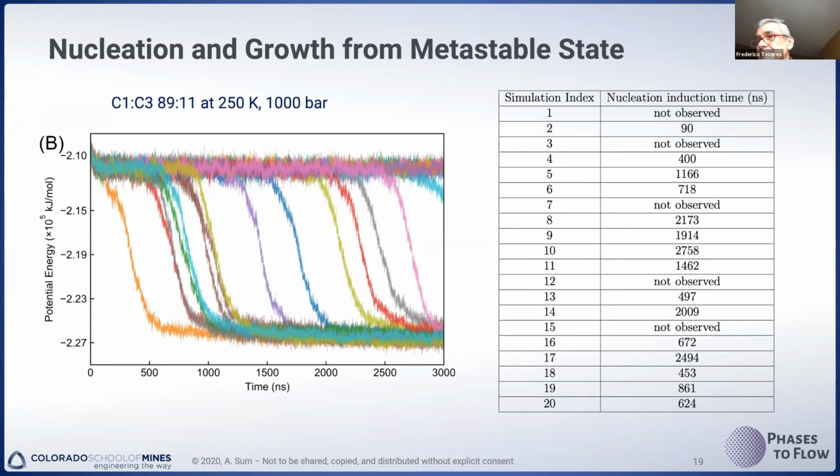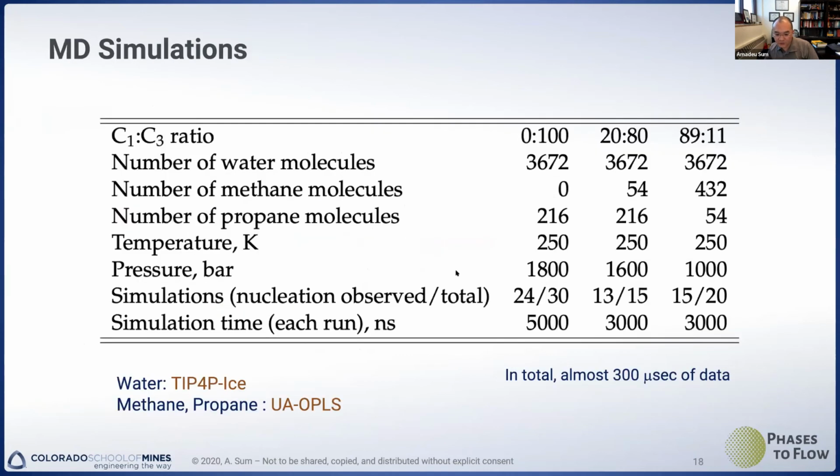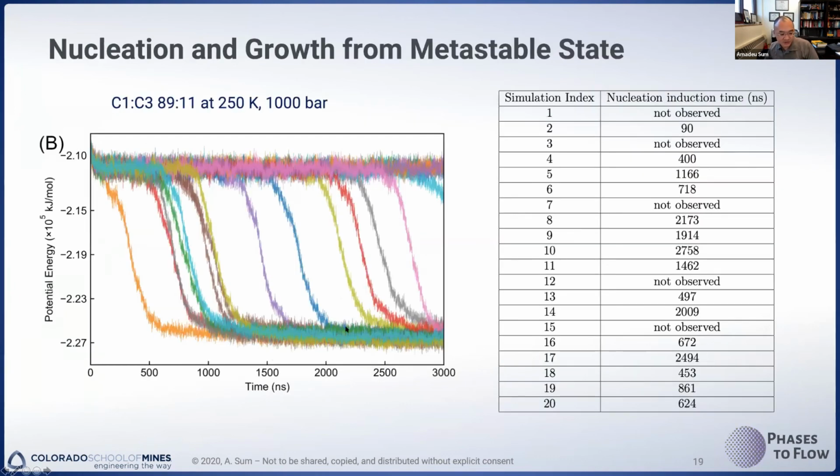And so, as I was saying, it's a matter of how long you can afford to run your simulations. We could have lowered the pressure here, but we would have to run much longer simulations in order to get this distribution. I think that's the challenge ahead of us, because I think the nucleation mechanism will change.